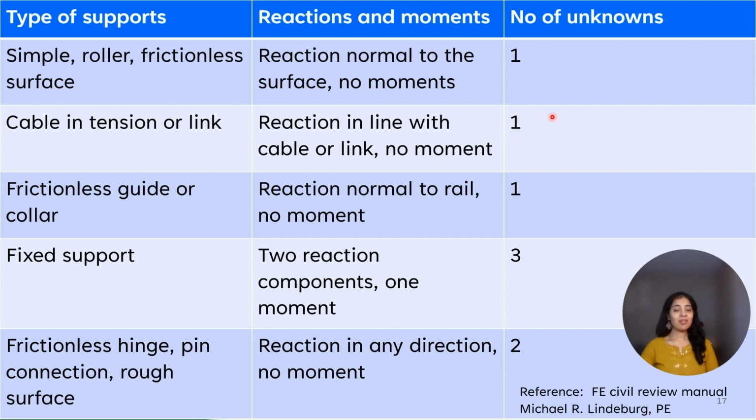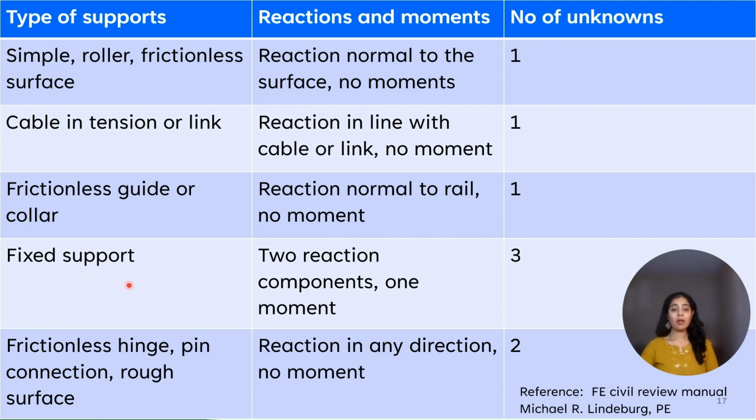So the number of unknowns will be only one. If there is a frictionless guide or collar, then reactions will be normal to the rail and no moment. So the number of unknowns will be 1.